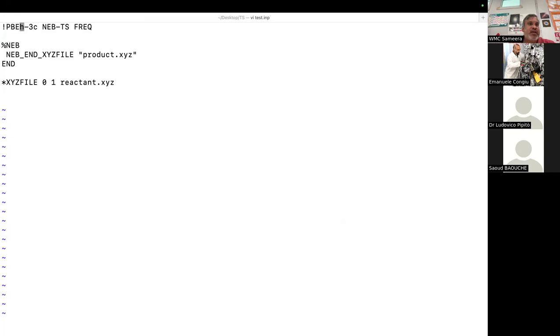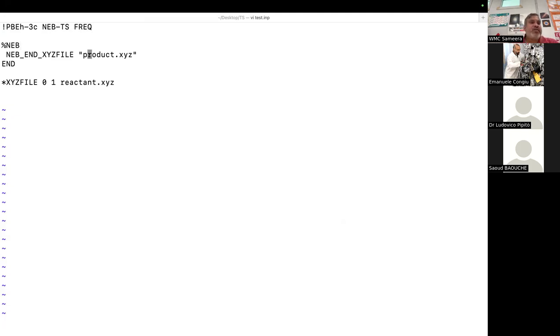Here we are running the PBEH-3C density functional and the triple zeta basis set, NEB optimization, transition state optimization, followed by a frequency calculation.